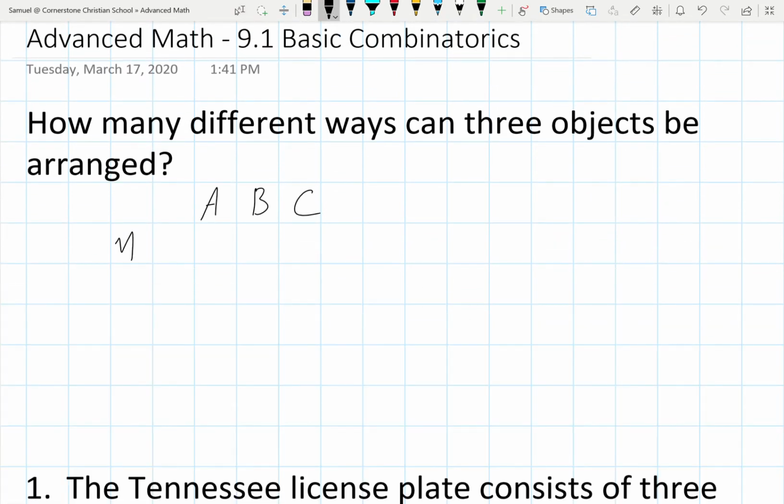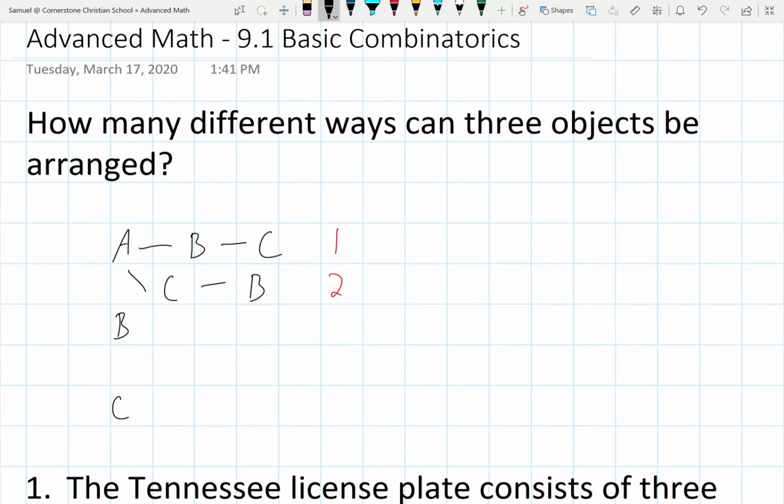So we have A, B, and then C. After A, I could choose B, and after B, I could choose C. But after A, I could also choose C and then B. So already we have two different ways that we can arrange this.